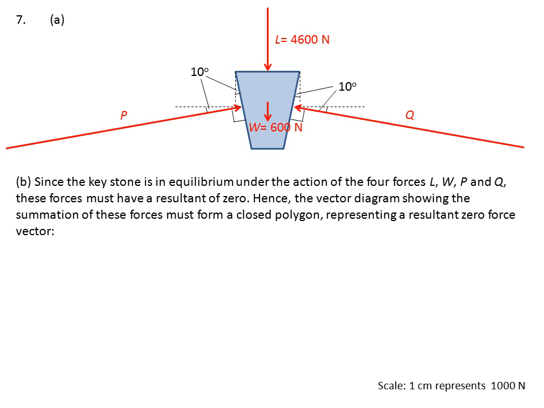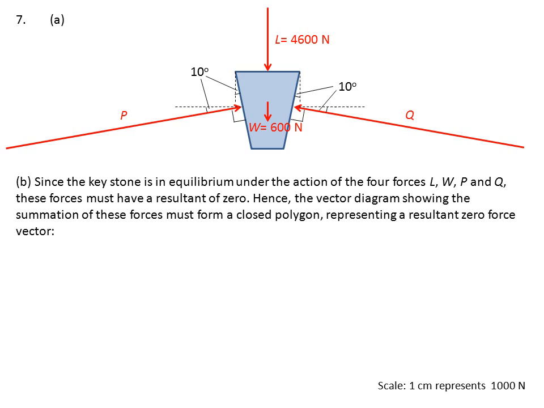We know that the four forces, when they act on the keystone, remain in equilibrium. This means that the resultant of the four forces must be 0. So if you were to draw a vector diagram showing the summation of these four forces, you end up with a 0 vector. In other words, the vectors will all come back to the starting point, so you form a closed polygon.